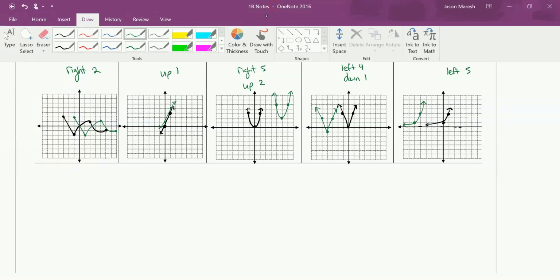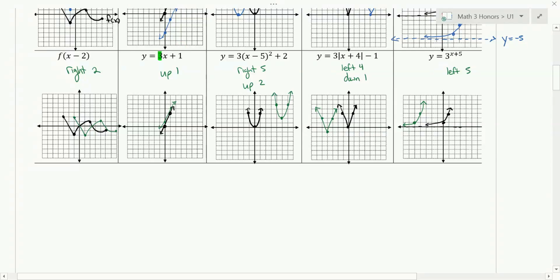What I do want you to take note of is the number I'm highlighting here has nothing to do with the translation at all, right? That 3, actually it's 3 for all of them, has to do with the parent graph. In the first one, it's the slope of the line. In this one, it has to do with the width of that parabola.